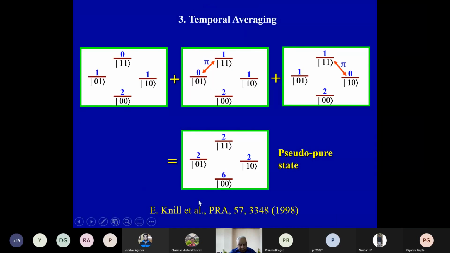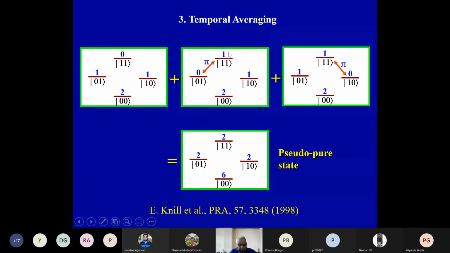This was introduced by Knill. Knill actually did a factorization of 15 in 1998 or 99, and it made CNN news. He factorized 15 into 5 and 3 using quantum factorization, and it made CNN news. So what he did was very simple temporal averaging. He said, okay, I have this population distribution, the equilibrium.